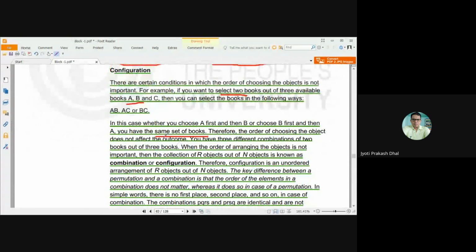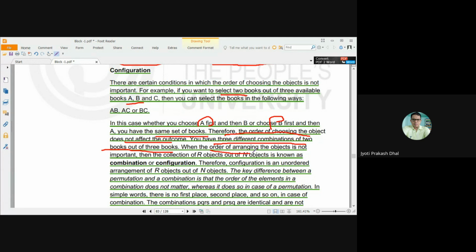Whether you choose A first, then B, or B first, then A, you have the same set of books. Therefore, the order of choosing the object does not affect the outcome. You have three different combinations of the two books out of the three books.